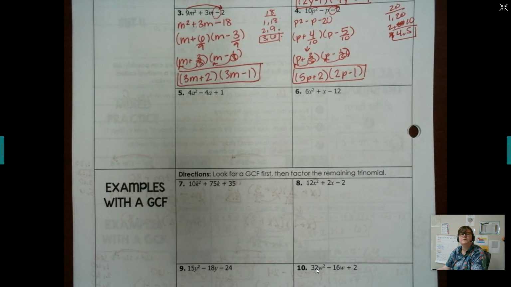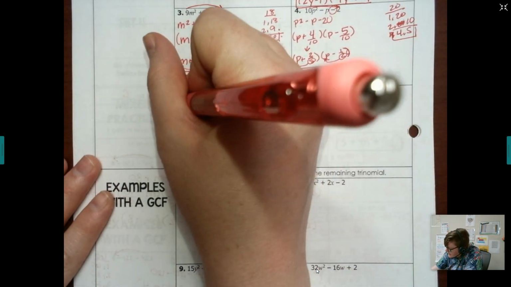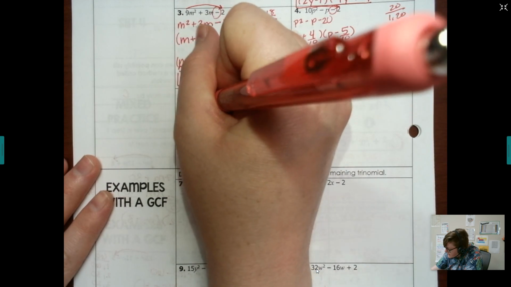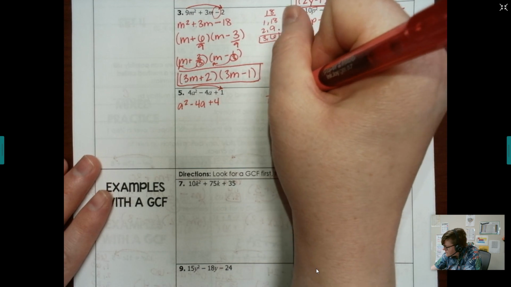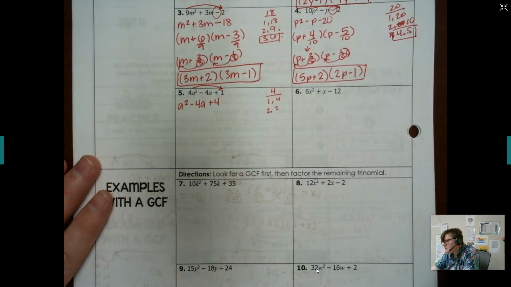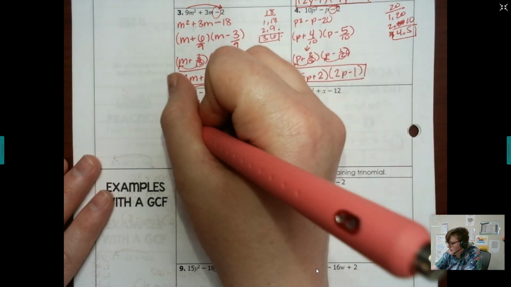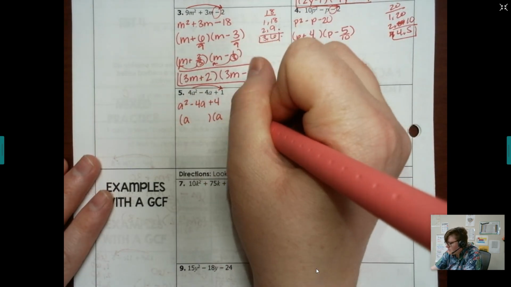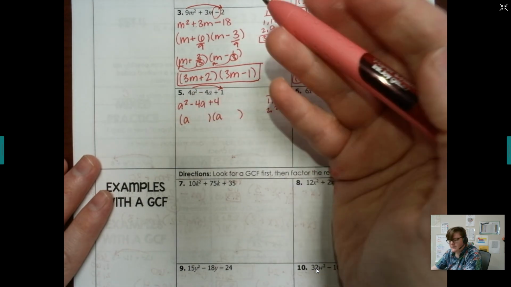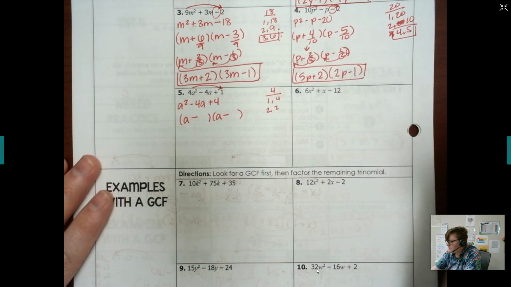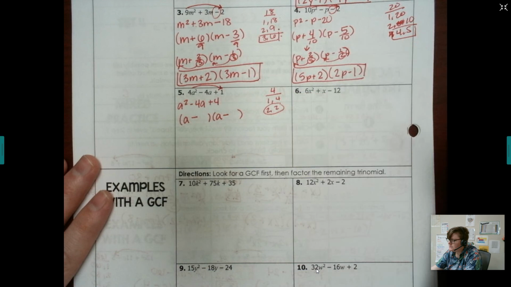Okay, here we go. Multiplying that guy. a squared minus 4a plus 4. 4 is 1 and 4, or 2 and 2, only options. Last sign is plus, so we're going to have the same sign in both sets of parentheses, but the middle sign is minus, so those are going to be negatives. Want them to add to 4. 1 and 4 add to 5, 2 and 2 add to 4.